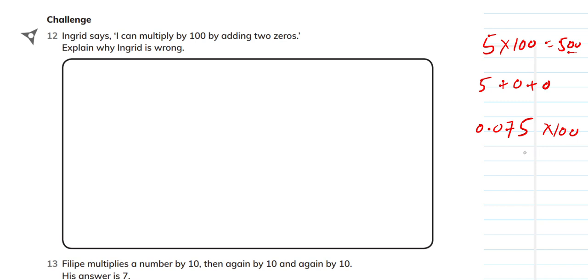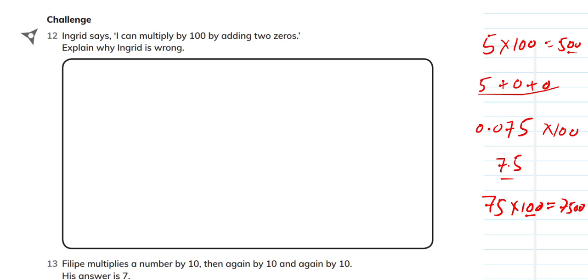The decimal will shift two digits, meaning it will become 7.5. So we are not adding the two zeros. It can be one scenario. But if it is a whole number, like 75, and you multiply it with 100, then you can put the two zeros there.